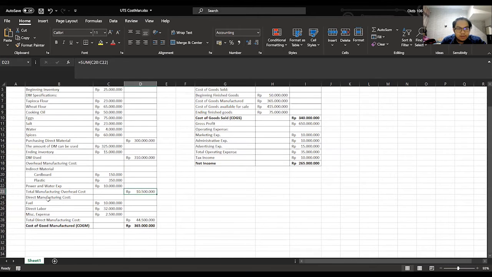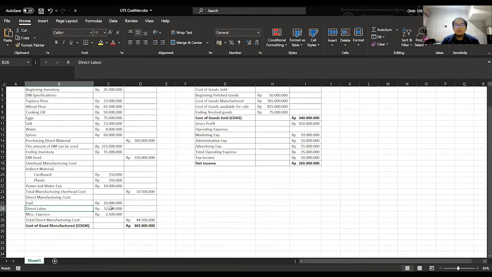Next we move to the direct manufacturing cost. This is the opposite of the overhead manufacturing, because this is directly related to the production. So we have fuel for the machine to work, and next we have direct labor.